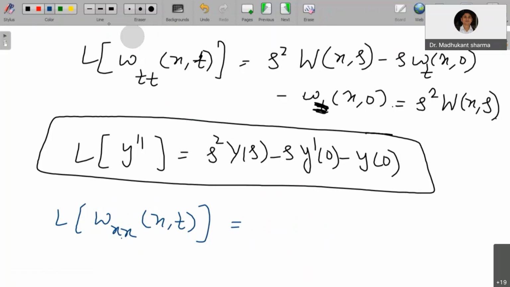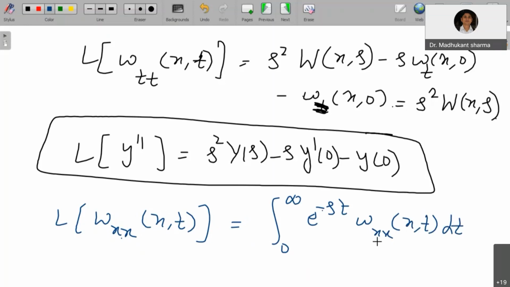That is equal to the integral from 0 to infinity of e to the power minus st times w_xx of x comma t dt. So you can take the del square by del x square out of the integral, and this is nothing but this one, because the exponential is independent of x.